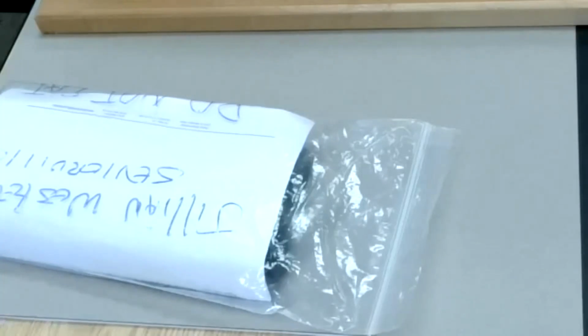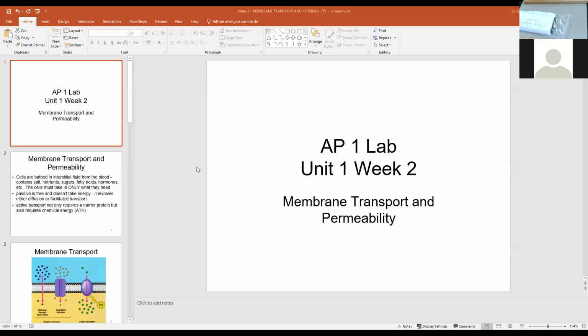Everybody should see a slide that says membrane transport and permeability. If you're following along in class here, make sure it says AP1 Lab Unit 1, Week 2, membrane transport and permeability. I have cut this down significantly.